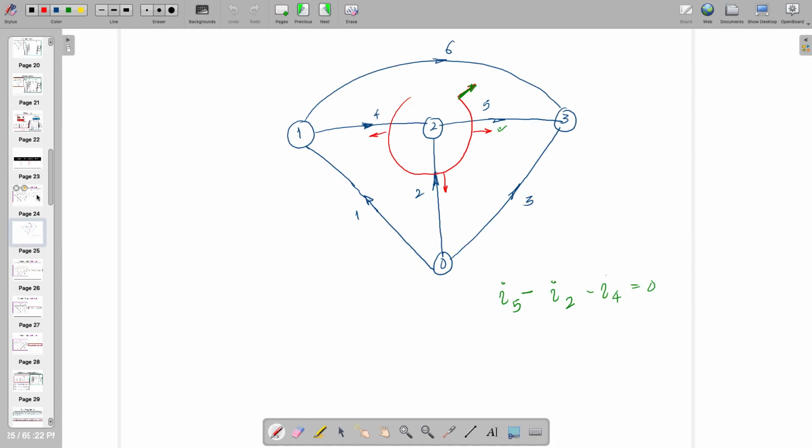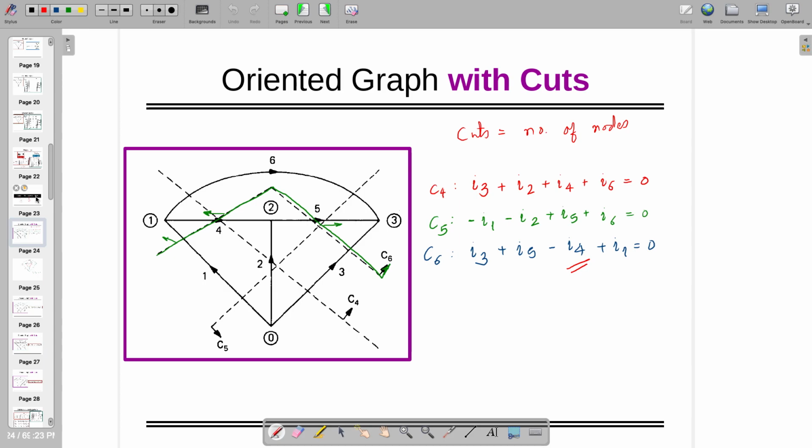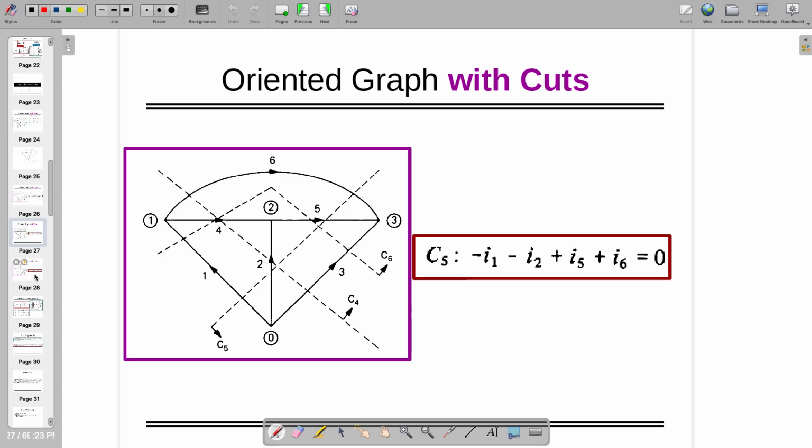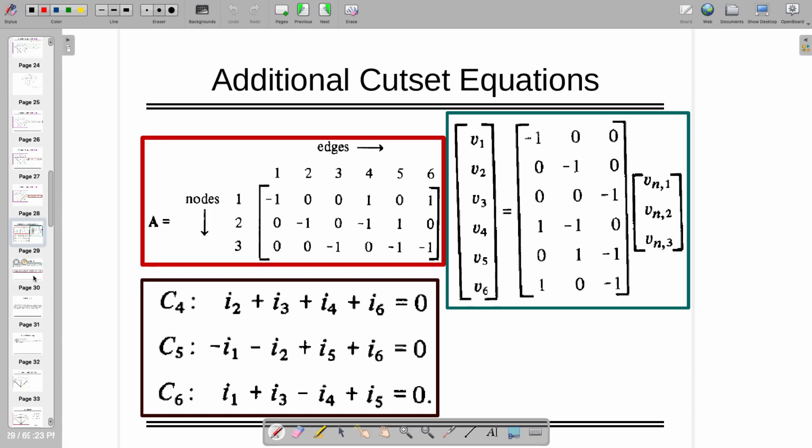Can these directions of cuts be arbitrary, or do they have to be something? Till now we have not set the rule. There is some way. Okay. So on top of the incidence matrix which we are writing in terms of KCL or KVL, we are also having an extra set of equations which are known as cut set equations, right?